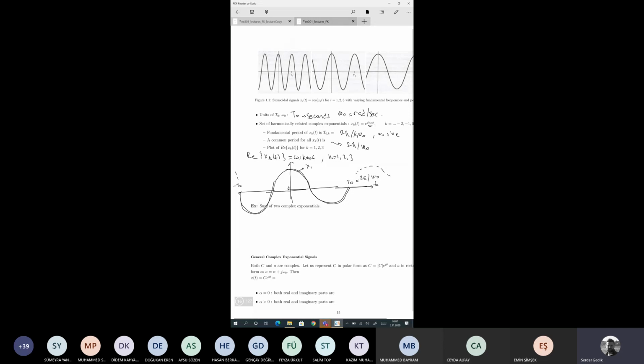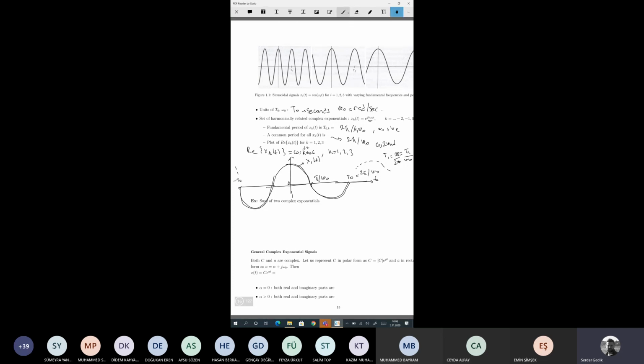So let's say this is x1 of t. For x2 of t, since there is a 2 here, it will have a smaller period, so it is a faster signal. Cosine 2 omega 0 t has period 2 pi over 2 omega 0, which is pi over omega 0. So here, at pi over omega 0, I have the period of x2 of t.